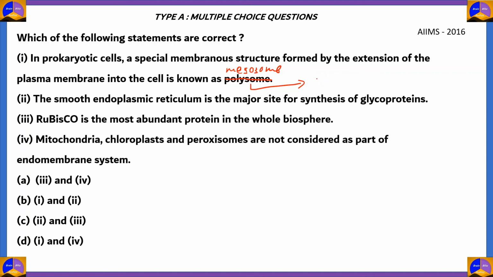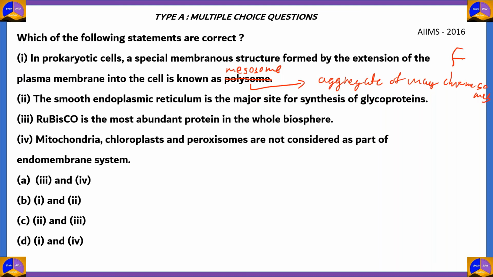Polysomes are described as aggregates of many ribosomes. So therefore, option A is false. The statement is false.